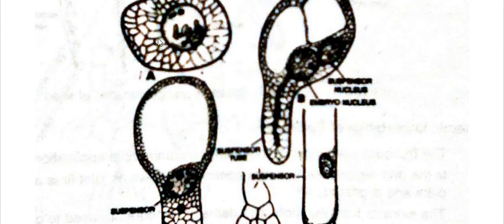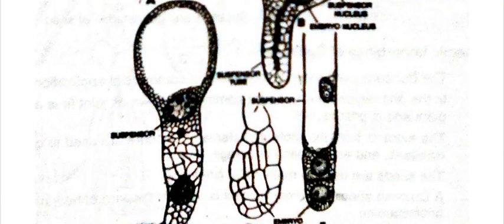This is the one embryo initial cell, the embryonal cell, in which the suspensor tube is produced, and the nucleus of the embryonal cell is shifted into this tube and then divides into two nuclei.